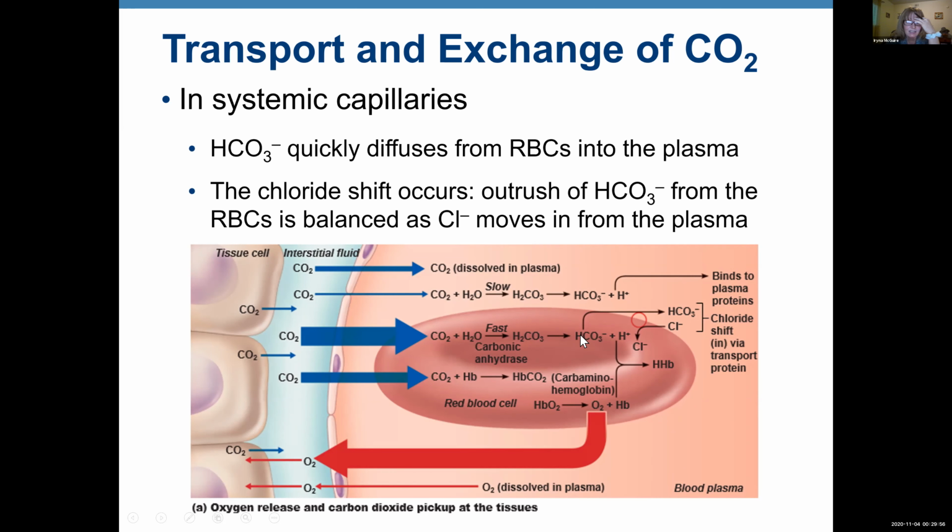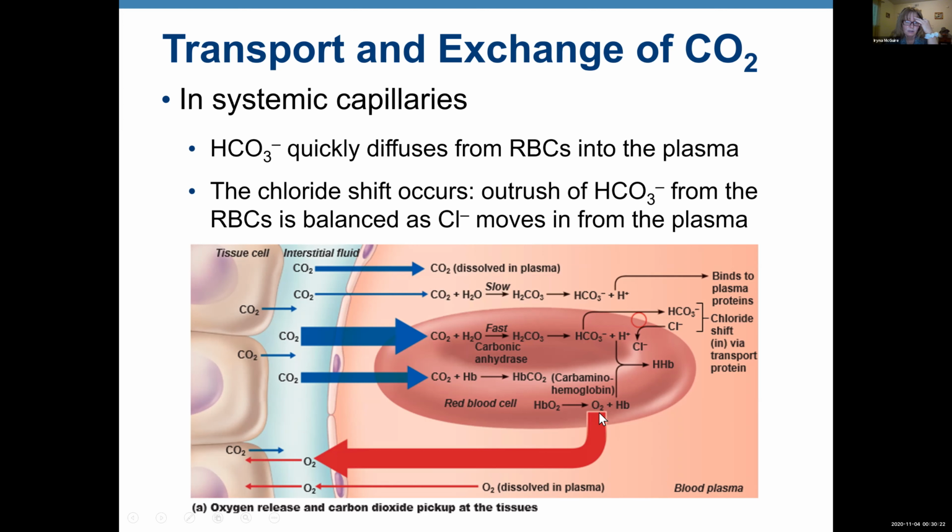And then it actually leaves the RBCs and moves to the plasma. So bicarbonate ions move to the plasma, and chloride ions move in. It's called the chloride shift because we have this transport protein. It's an antiport: chloride in, bicarbonate out, right?